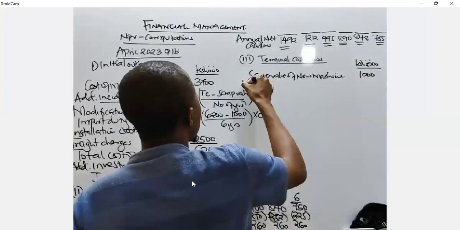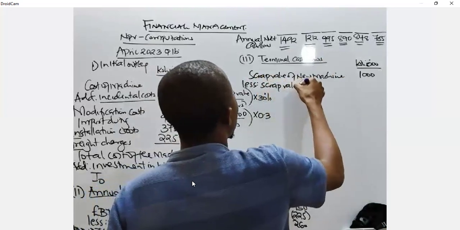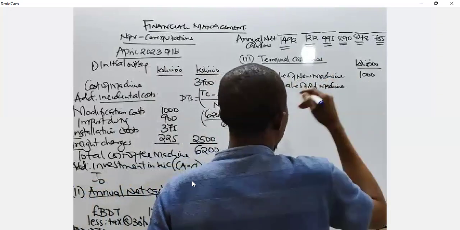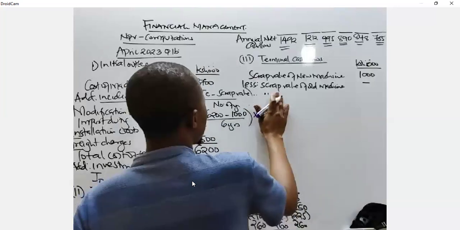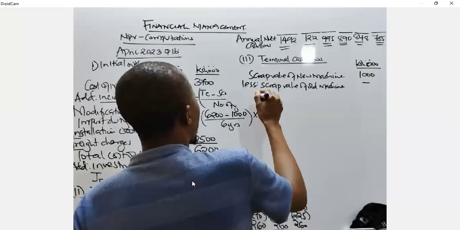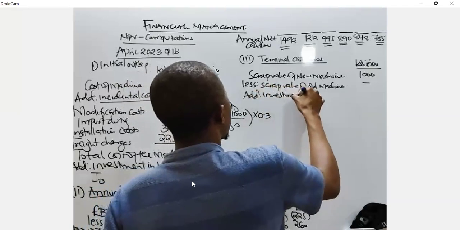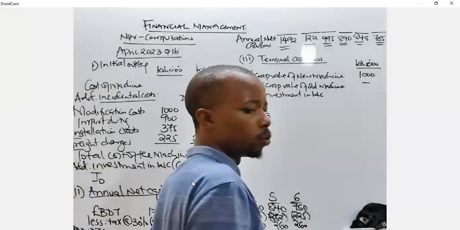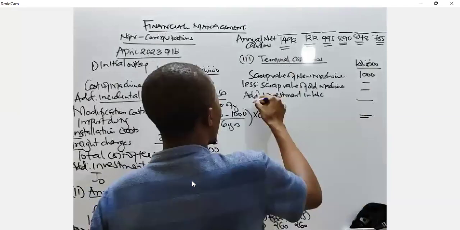We less the scrap value of the old machine, which we don't have. Then we can add, if we have the investment in working capital, which we don't have. So how much is your terminal cash flow?